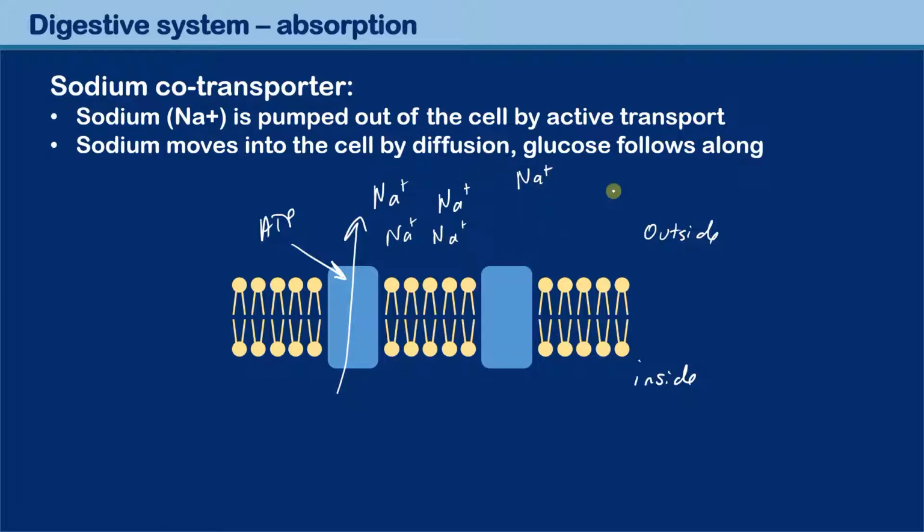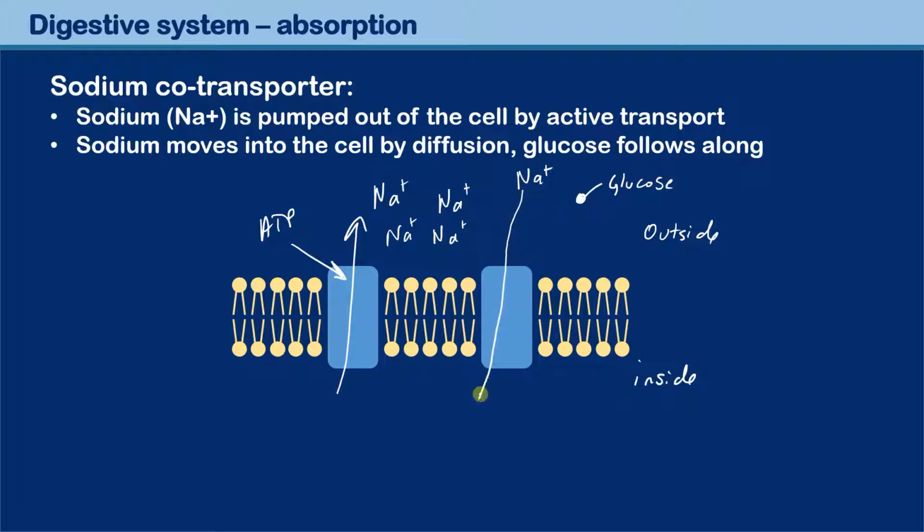Now, on the outside here, we also have glucose, and I'm going to draw the glucose here like a dot. That's my glucose. And the glucose should be taken up into the cell. Now, how can this work? The glucose has to be pumped in, but we will use the energy from the inflow of the sodium.